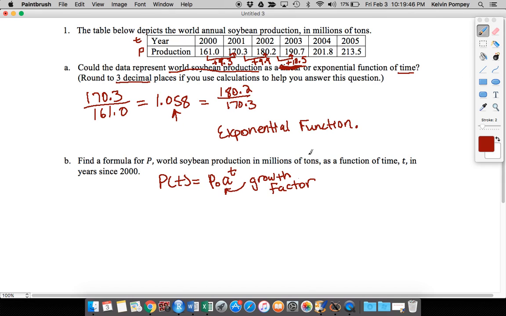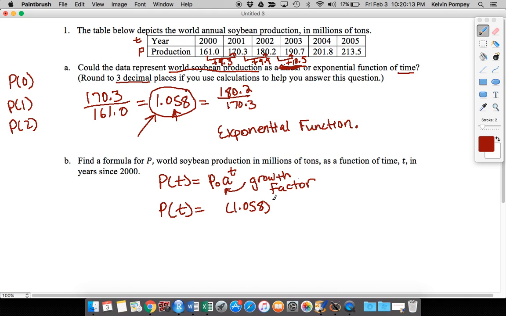Remember when we did that example in class where we started with P of 0, P of 1, and P of 2. We ended up saying that this factor we get every time is going to be our growth or decay factor. So I already know that my a in this formula is going to be 1.058, and I would raise that to the t.